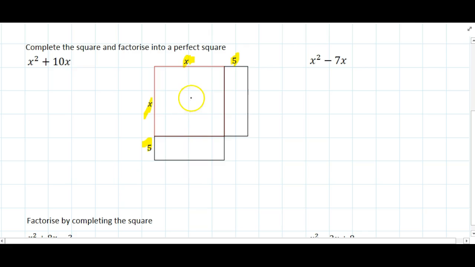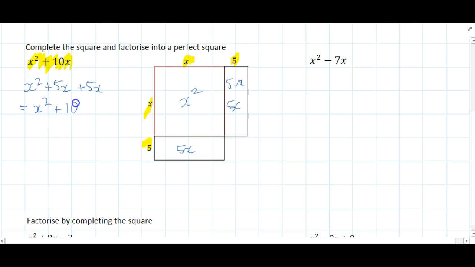This area here is x squared, and this area here is 5 times x, which is 5x. This one here will be the same because it's the same dimensions, so it's also 5x. If you add all these things up, you get this expression: x squared plus 5x plus 5x, which is 10x.